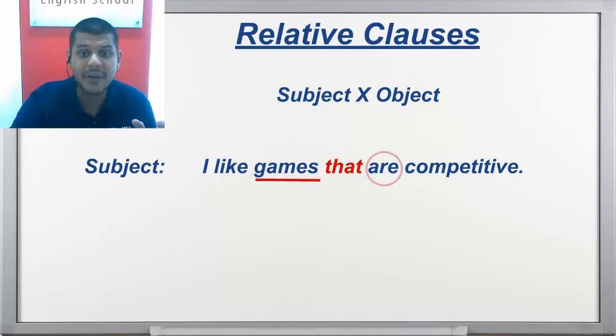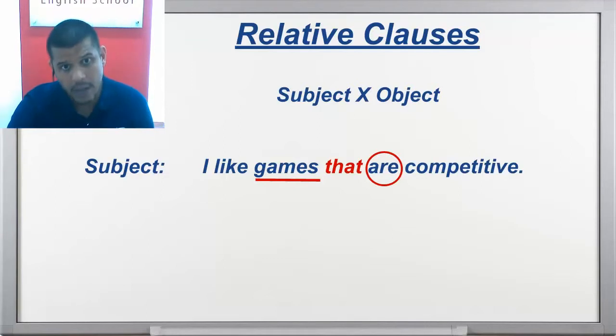And I use the verb are, according, in this case, to the noun, games. The games are, okay? I like games that are competitive. You see that immediately after the relative pronoun that, I use a verb, okay? This is called a subject relative clause, right?